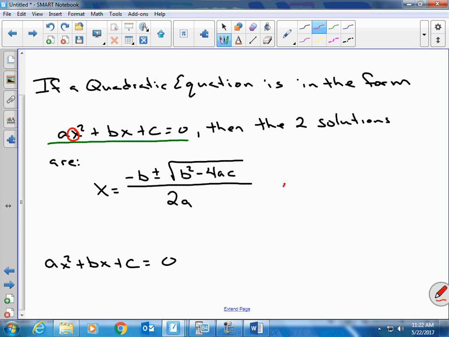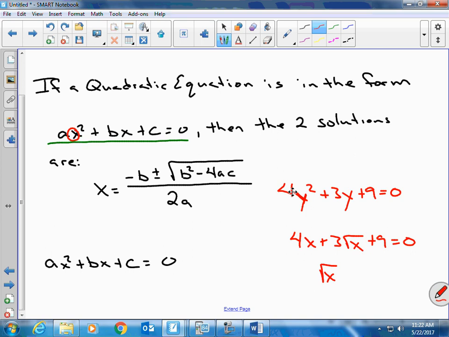I could have 4y squared plus 3y plus 9 equals 0, and then my answers would not be x's, they would be y's. I could have 4x plus 3 square root of x plus 9 equals 0, and then my answers would be square roots of x.